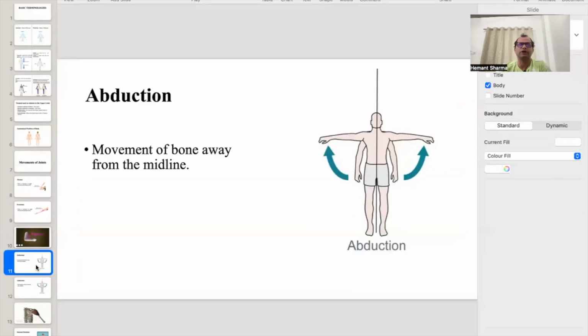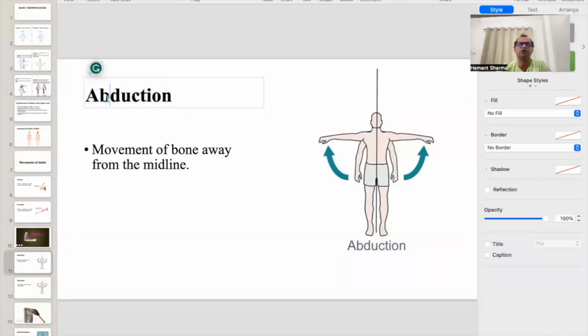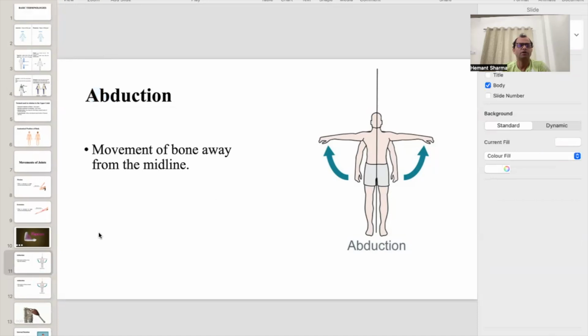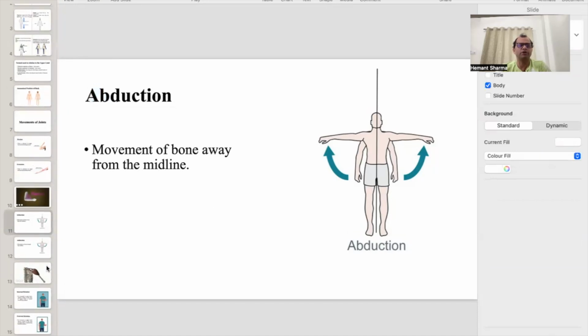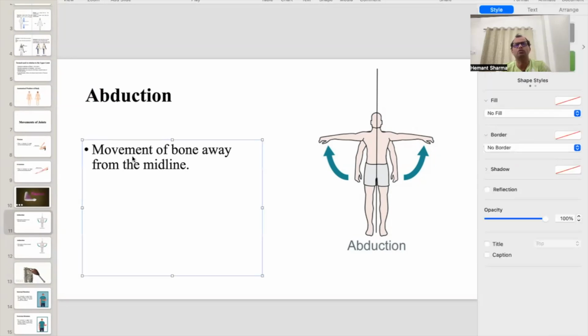Now let's move to the abduction. Ab means away. The meaning of ab is away from the body. So to understand abduction, it means movement of the bone away from the middle line, which we call abduction. For example, we already told this yesterday, but this is a quick recap, right?